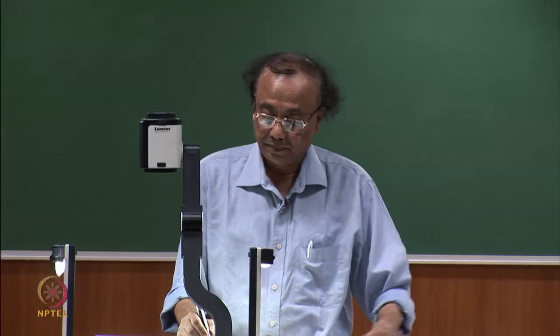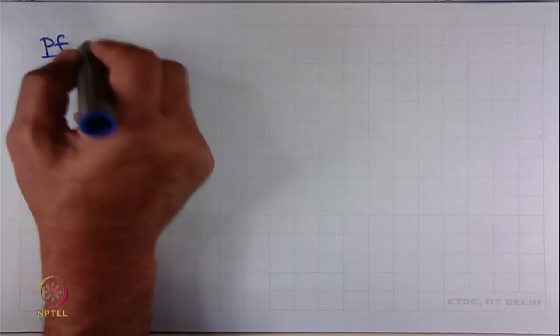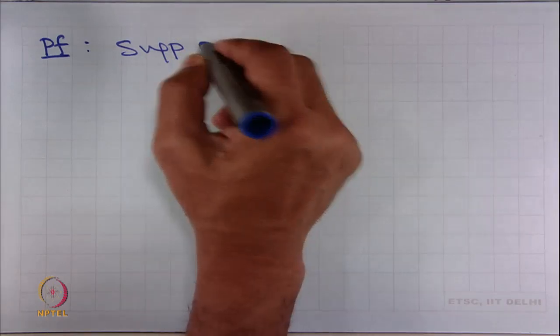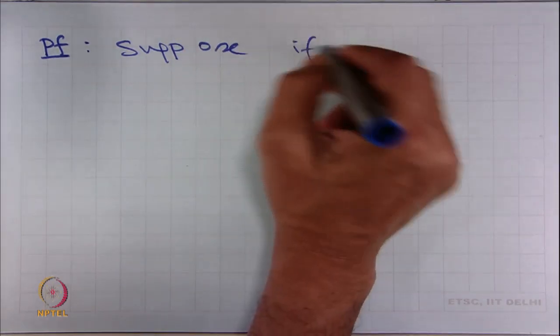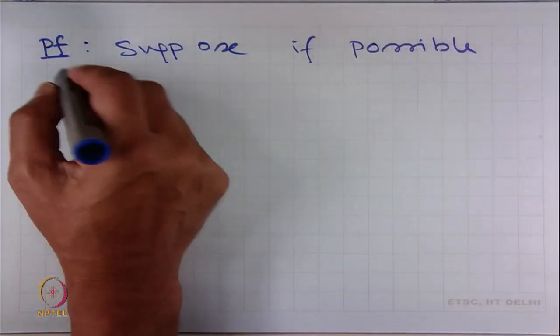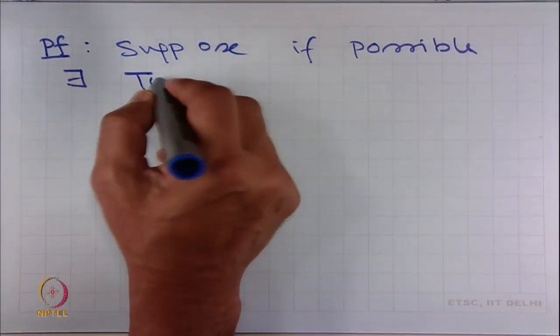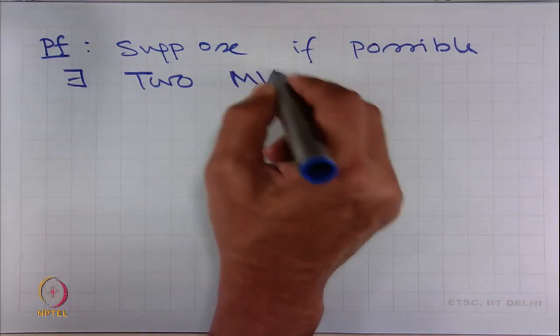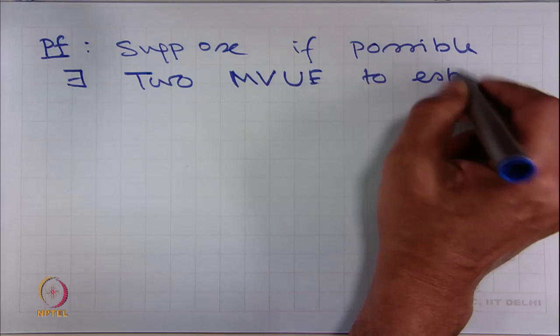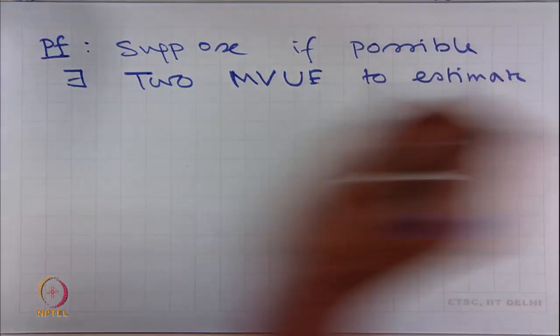Proof. Suppose, if possible, there exist two MVUE to estimate theta.